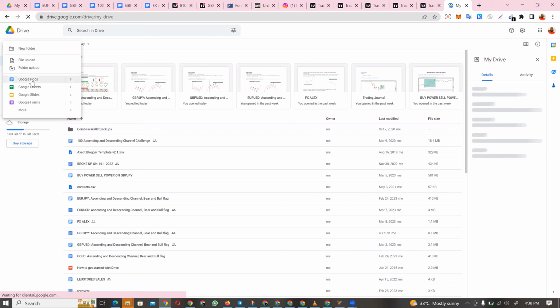You see it here, right? You click on it. Once you click on it, this place says untitled document. You just click there and write anything you want to name your document.